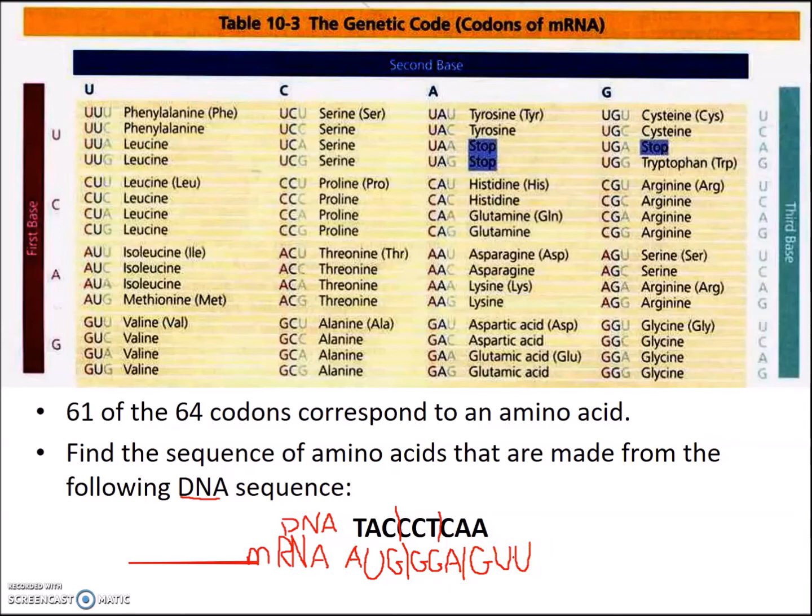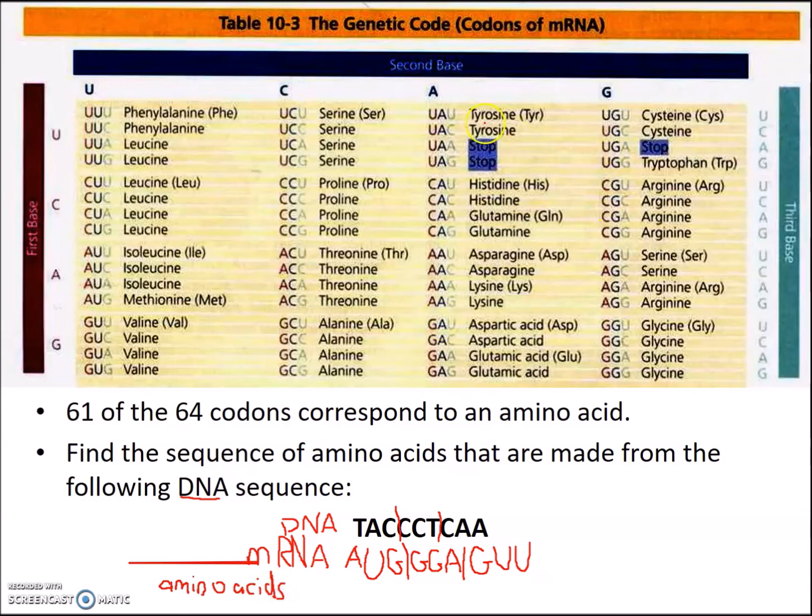Now let's identify the amino acids that would be produced from these codons. Here, we're going to look at our table up above. It's a codon table written in the language of messenger RNA. So that's important.